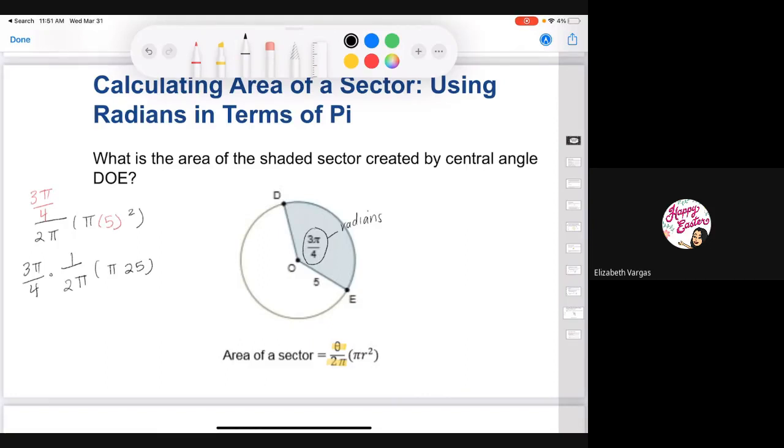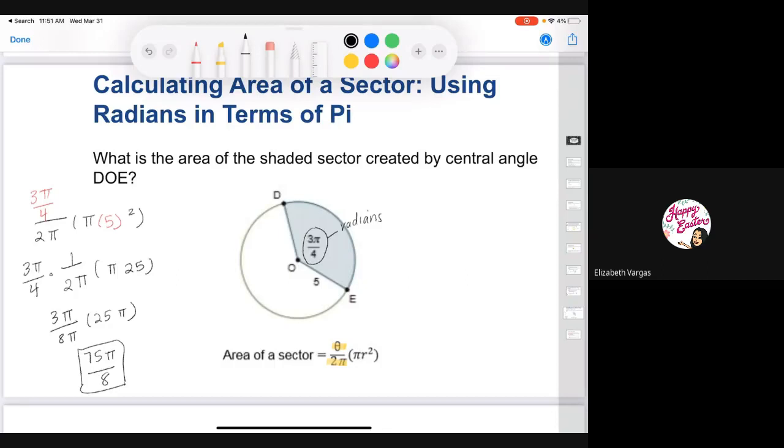When you do that, you get 3 pi. You can also just do this in the calculator. When you solve for that, you get 75 pi over 8, or whatever you get in the calculator is also an acceptable answer. Okay?